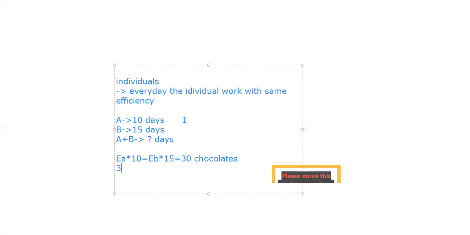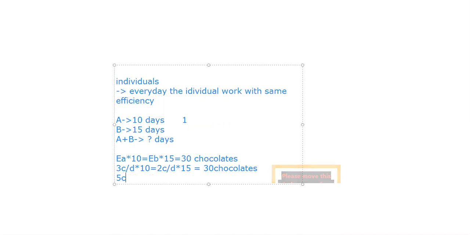Now you can get the respective efficiencies. What will be A's efficiency? 3 chocolates a day. This is what you got in the numerator. What will be B's efficiency? 2 chocolates a day. So we got the efficiency of A and the efficiency of B. Now A and B together will eat 5 chocolates a day. Sorry guys.